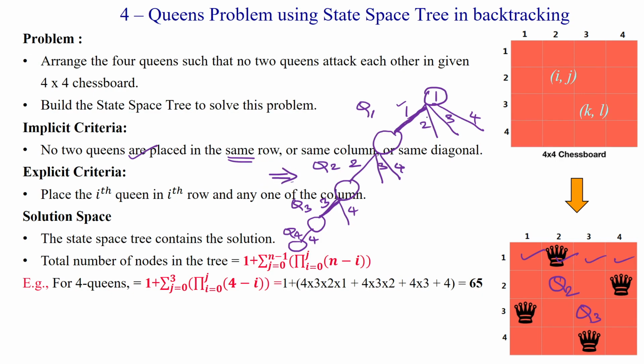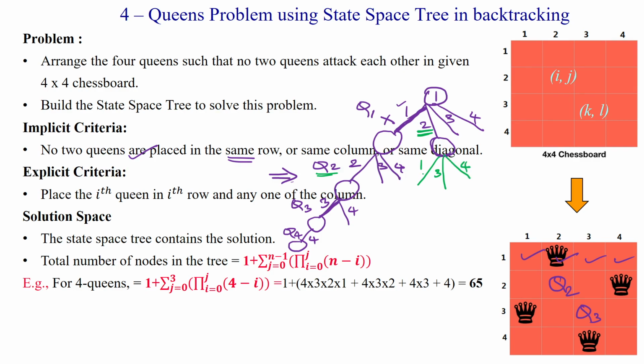Suppose you are placing queen 1 in the second column like this, ignoring this path, then I will select for queen 2, right? For queen 2 I have three options: I can place it in the first column, I can place it in the third column; the second column I cannot use because queen 1 is placed in the second column. Then the fourth column can be selected for queen 2.